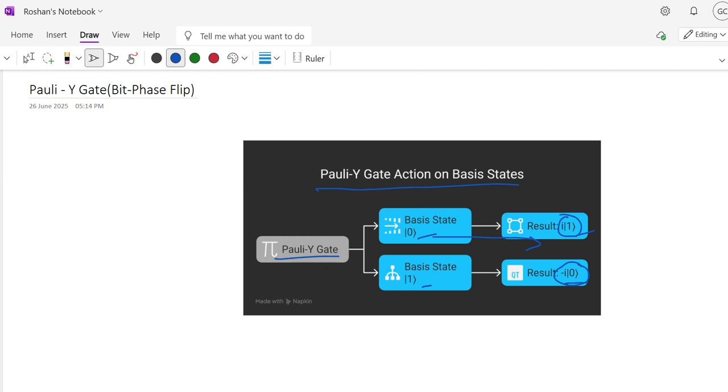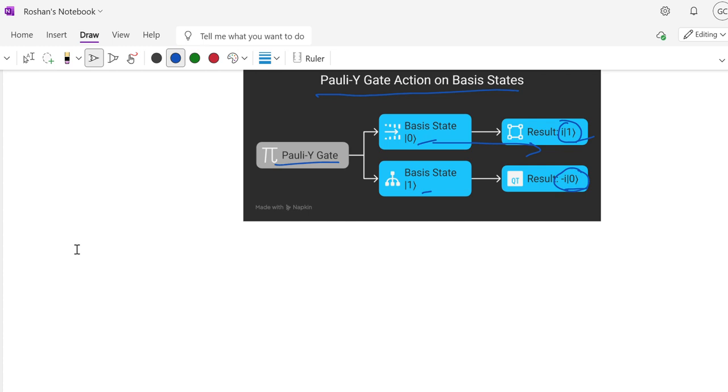So let's understand what the Pauli-Y gate is. The Pauli-Y gate is a bit phase flip. So it flips the phase of a bit.